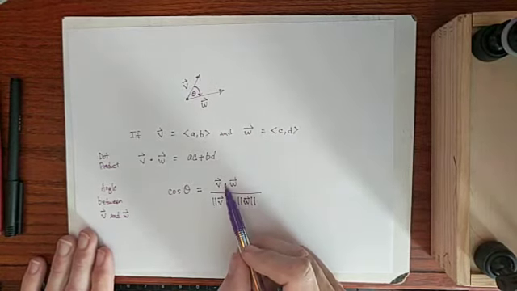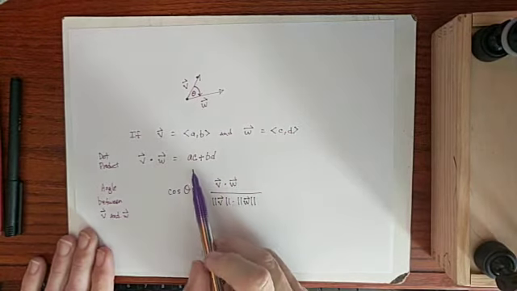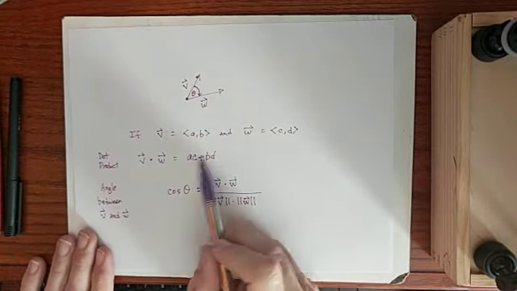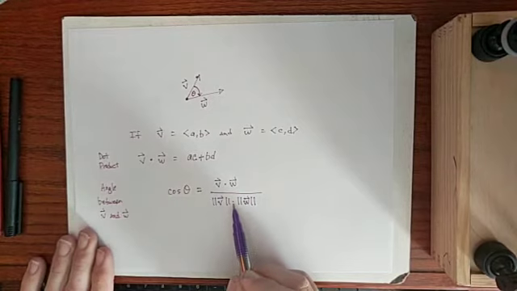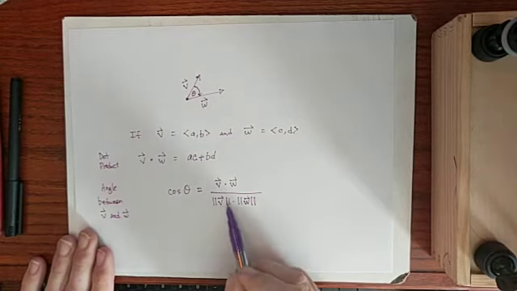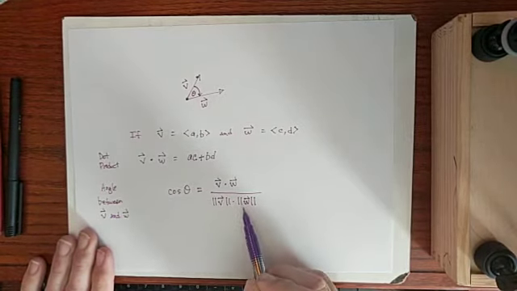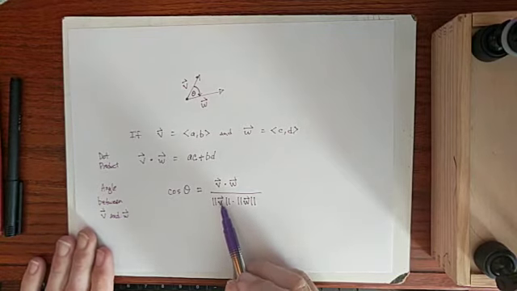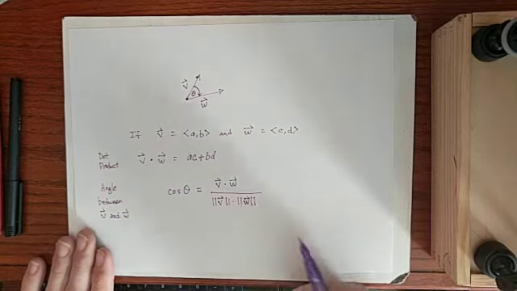Okay, so by dot here, we mean the operation where we multiply components and add. By the product of magnitudes, we mean the length of vector v and the length of vector w multiplied together.